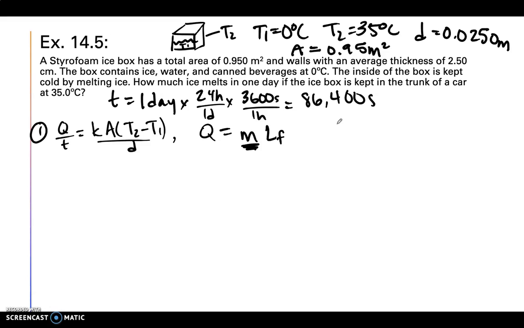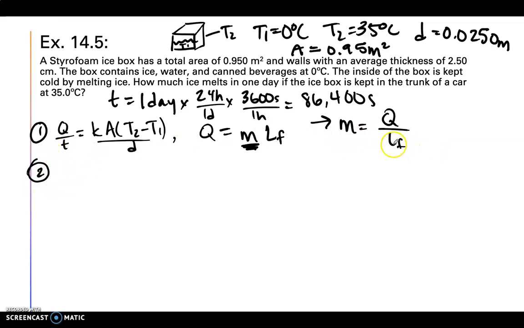in 1 day. Okay, so what we will do is rearrange these and solve for Q here, and plug this into here. So first I'm going to say mass is going to be equal to Q over L_F.